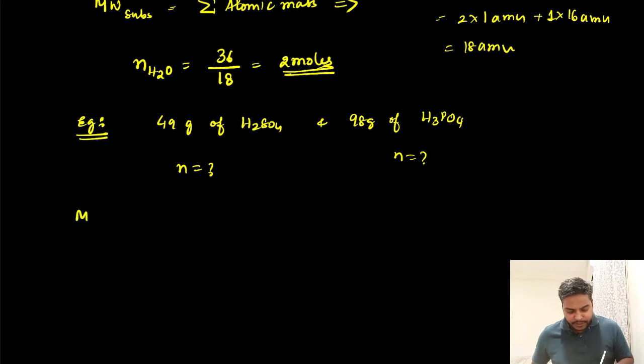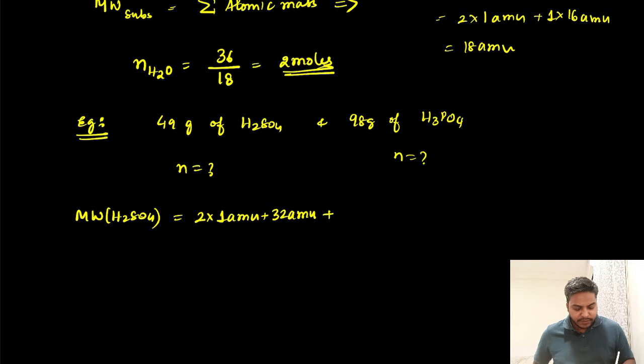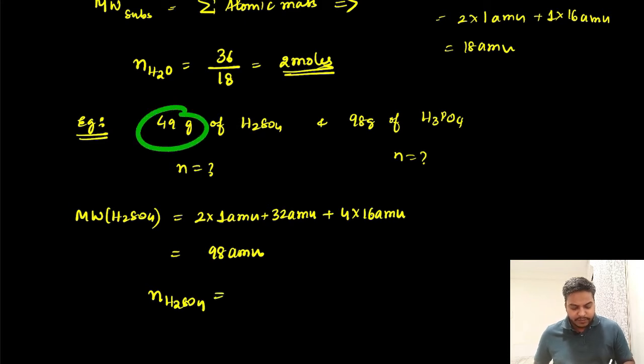molecular weight. The molecular weight of H2SO4 is equal to 2 times 1 AMU plus 32 AMU, which is the atomic mass of sulfur, plus 4 into 16 AMU, which makes it 98 AMU. So the number of moles of H2SO4, you can simply write this as the weight given is 49.